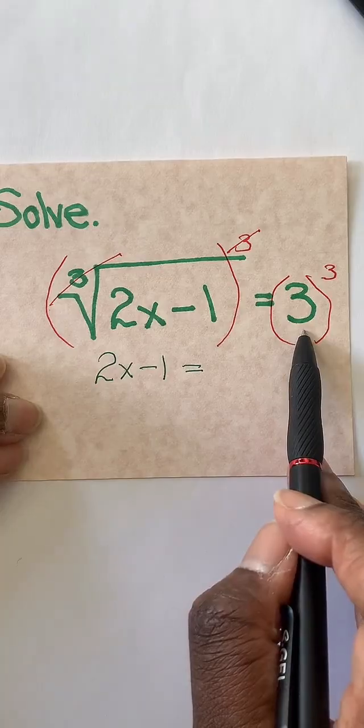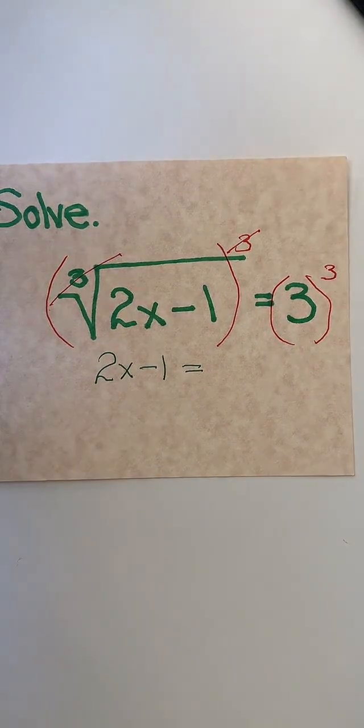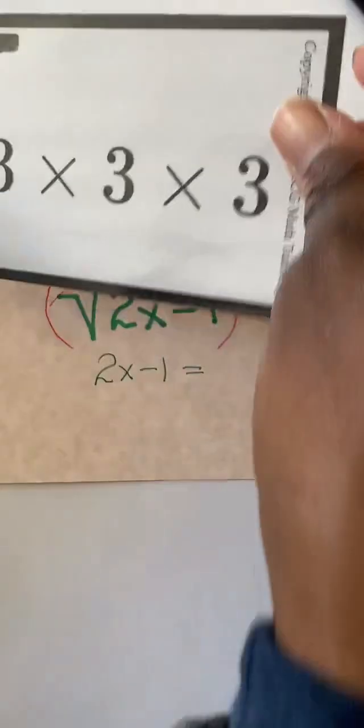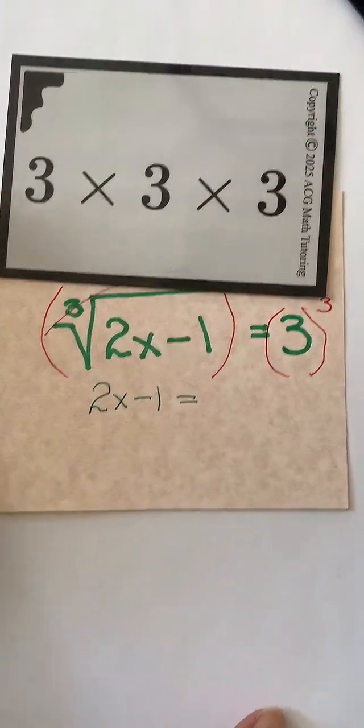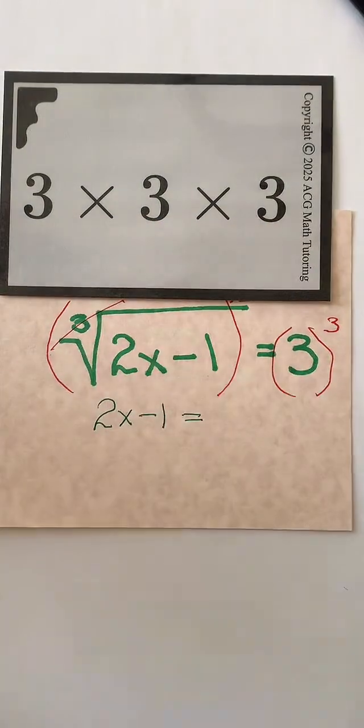Now, 3 to the 3rd power, people, is 3 times 3 times 3. So 3 to the 3rd power is not 3 times 3. Okay, all right, so 3 to the 3rd power, that's the same as saying 3 times 3 times 3.